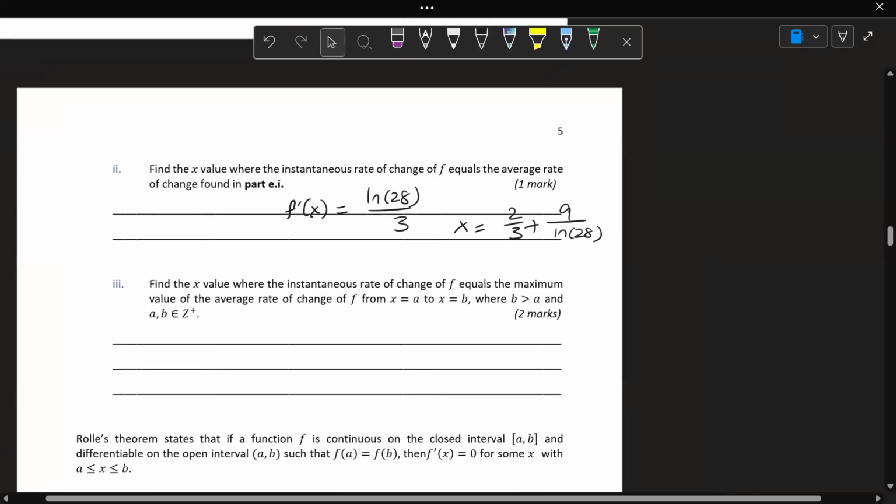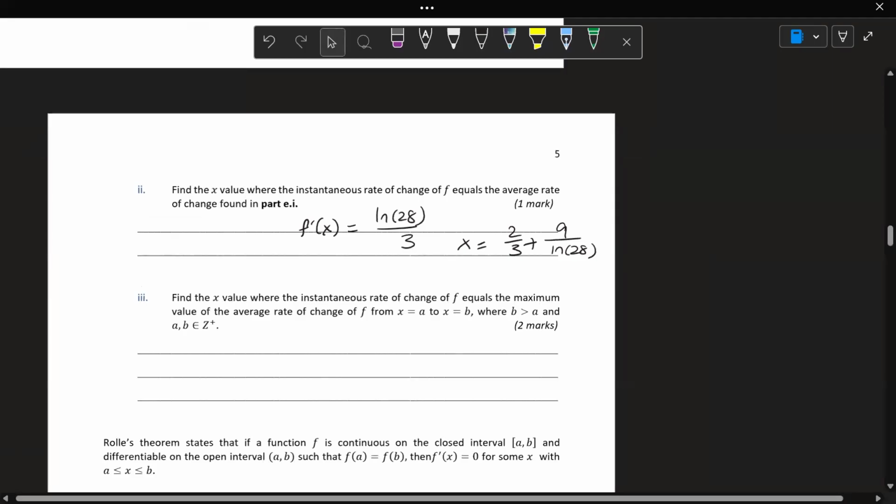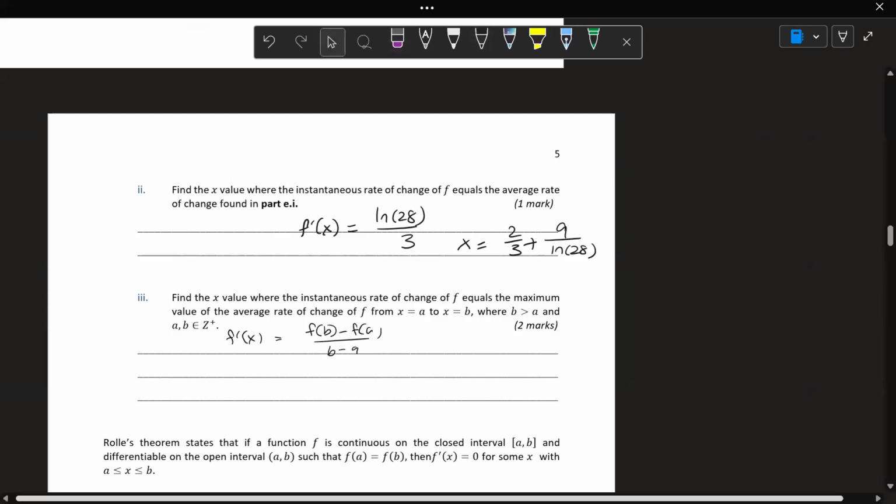Find the x value where the instantaneous rate of change equals the maximum value of the average rate of change from x equals a to x equals b, where b is larger than a and a and b are integers.